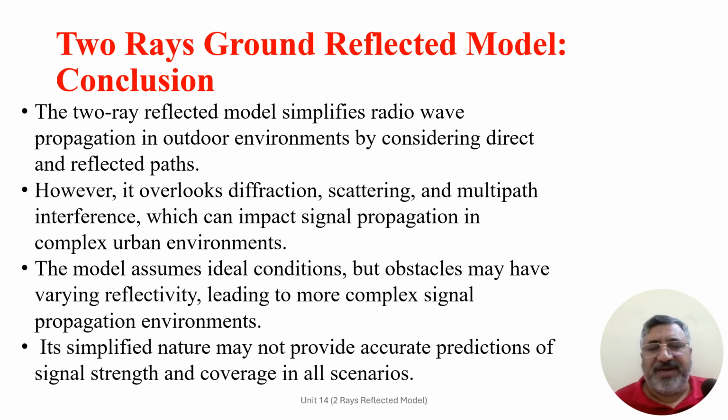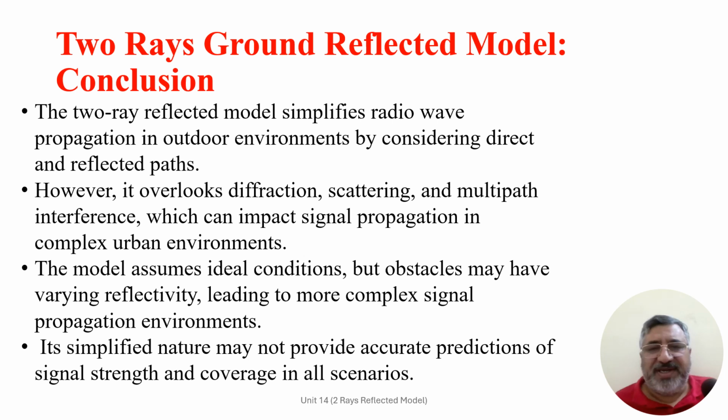The two-ray model neglects other propagation phenomena such as refraction, scattering, and multipath interference. In reality, these effects can significantly impact signal propagation, especially in complex urban environments with multiple obstructions. Similarly, the two-ray model assumes ideal conditions, including perfect reflection and absence of other propagation effects.